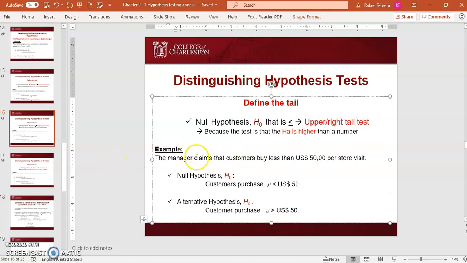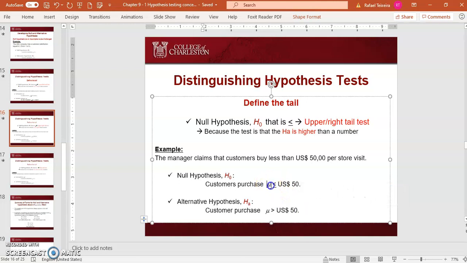If he claims, he's not trying to prove anything; he's assuming that this is the state of affairs. So the null hypothesis is that the mean amount spent by customers is equal or less than $50, and the alternative hypothesis is that the mean is higher than 50.